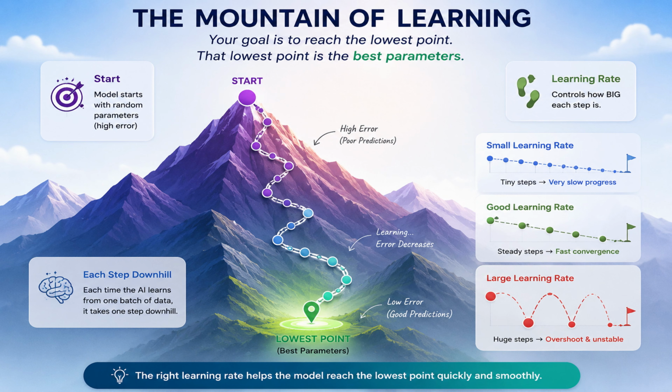Early in the training, the model's weights are still far away from good values, so you can afford to take bigger, more aggressive steps to make fast progress. Later in the training, when the model is getting closer to the good solution, you want to take smaller, more careful steps to fine tune without overshooting or bouncing around the optimal point.